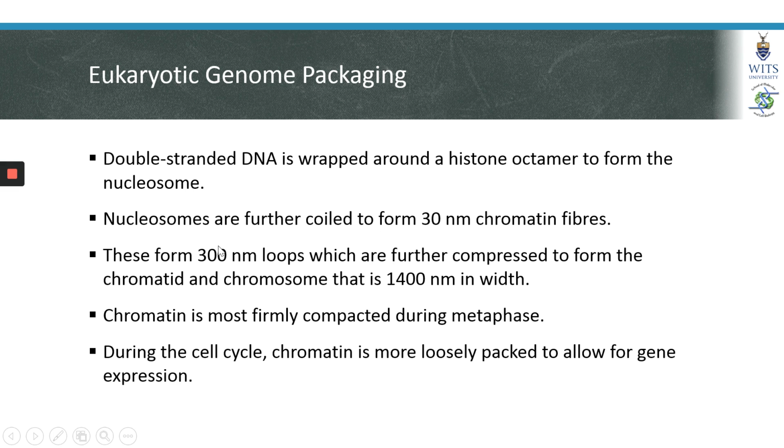These fibers form 300 nanometer loops, which are further compressed to form the chromatid and a chromosome, which has a total width of 1400 nanometers. Chromatin is most firmly compacted during metaphase. However, during the rest of the cell cycle, chromatin is more loosely packed to allow for gene expression.